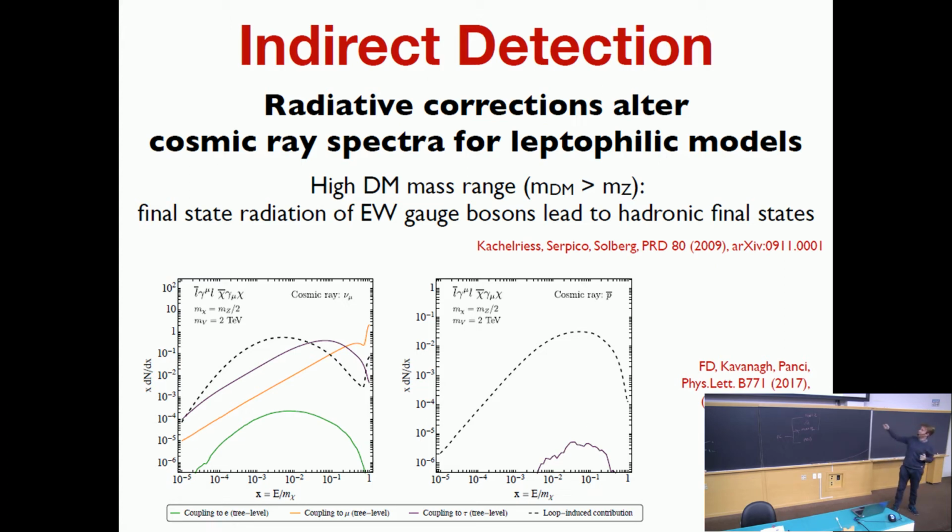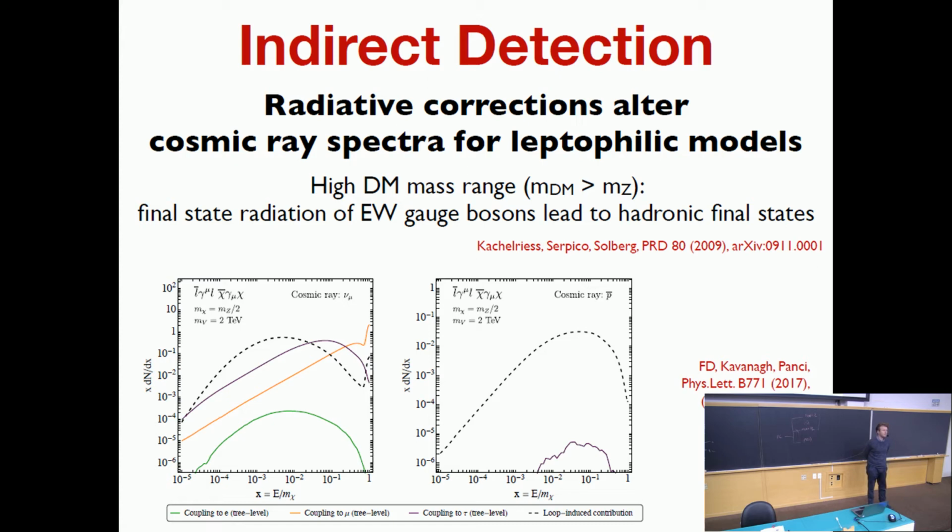And at this high mass, you produce antiprotons because of what we were just discussing, and as far as I know, you would produce too many. So I think it's not consistent to have leptophilic dark matter explaining the excess and at the same time being consistent with the antiproton bounds.